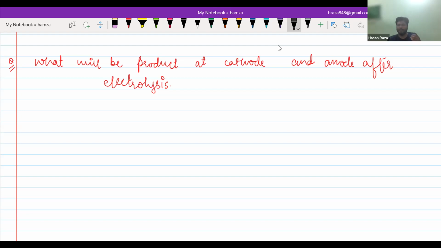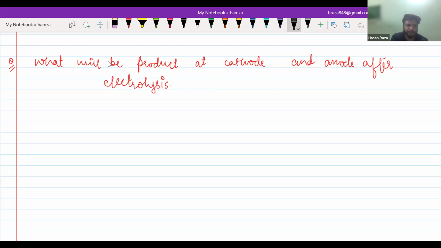That means we can use either active cathode or active anode, or both the electrodes will be active. Then the product will be different according to the situation. I will explain it, but before that I'm going to give you inactive electrode. That means that electrode will not take part in main reaction.